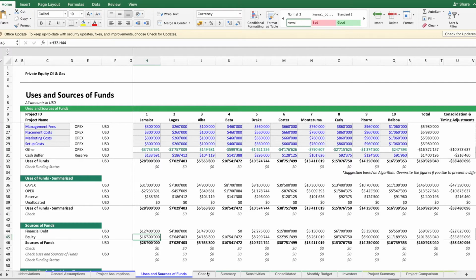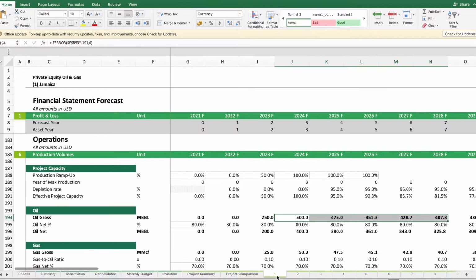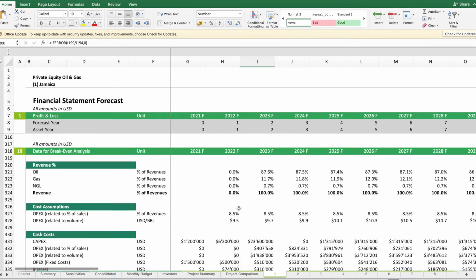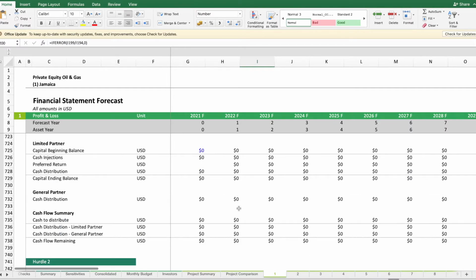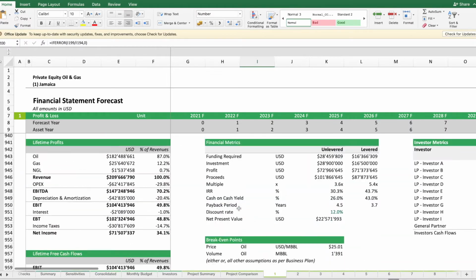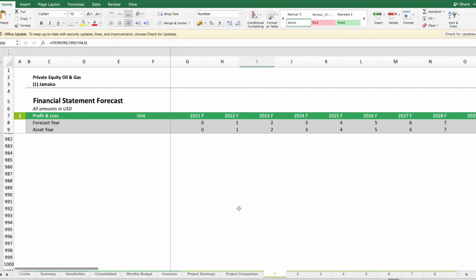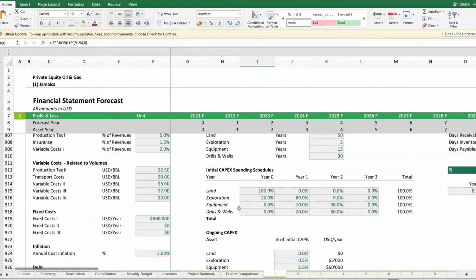Now all assumptions are set. So what we're now going to do is to review the individual drilling projects. So we have here these sheets, and we start with the first sheet. First is we review what kind of assumptions we have been pulling together from the assumptions sheet.